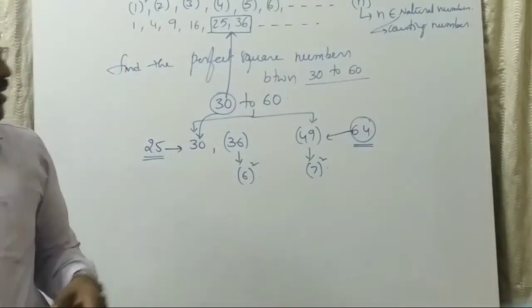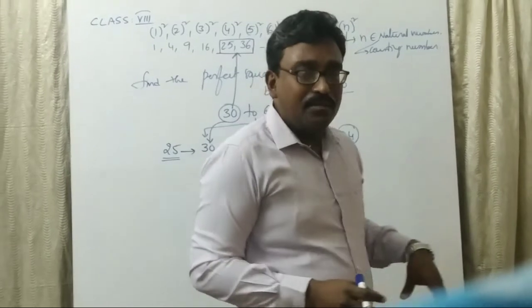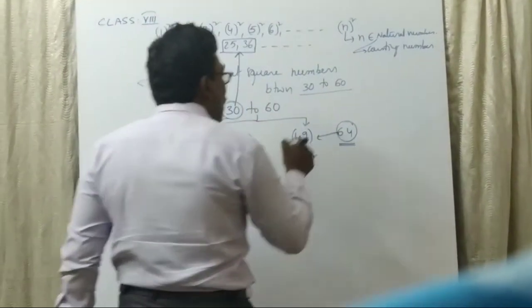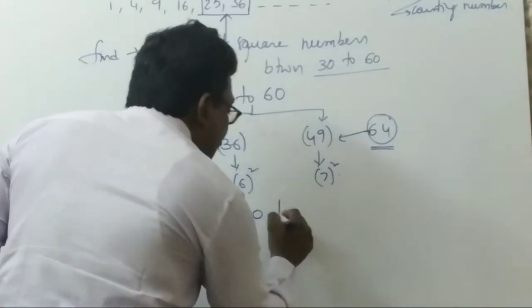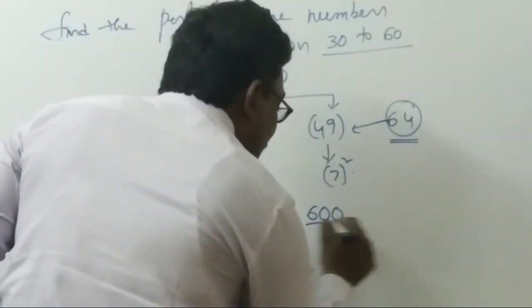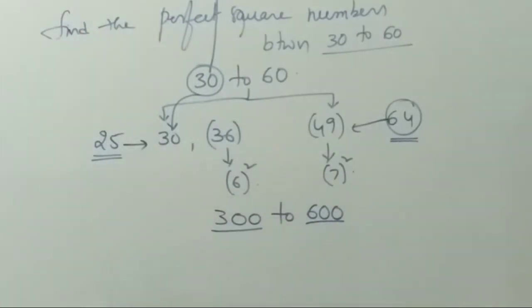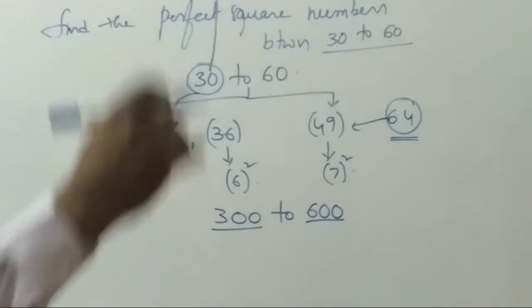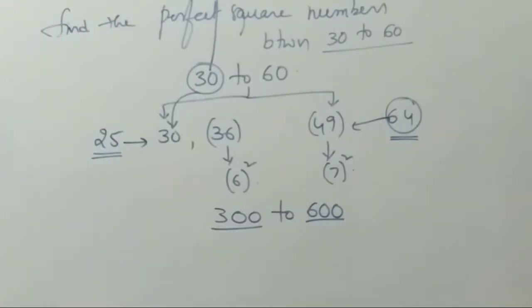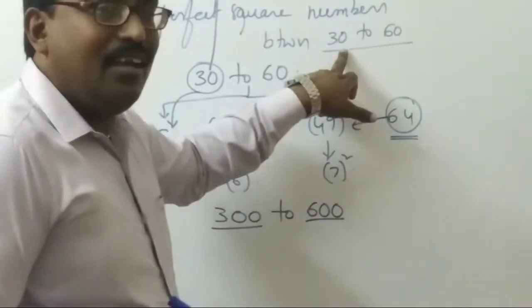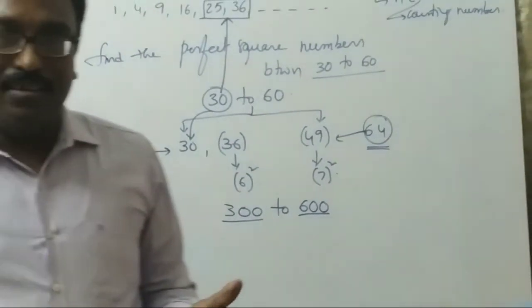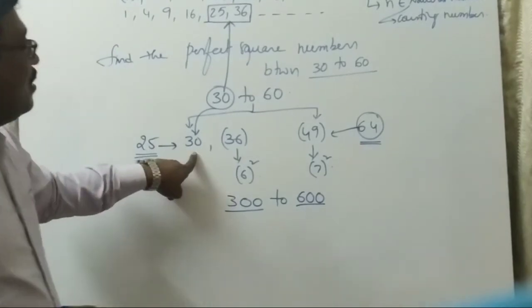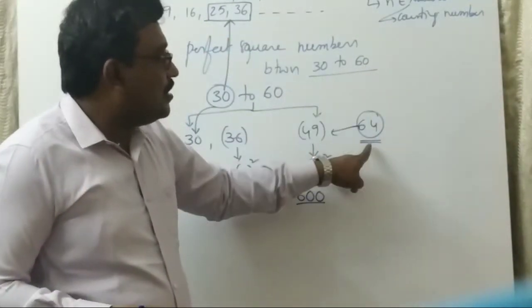Now, this was 30 and 60 only. Very easily you found it out. Good. Whatever it may be, now take 300 to 600. Between 30 and 60, 30's nearest perfect square lies between 25 and 36, and 60 is near 64, which is 8 square.